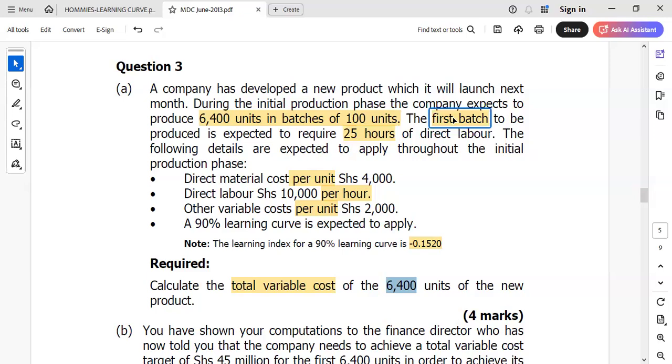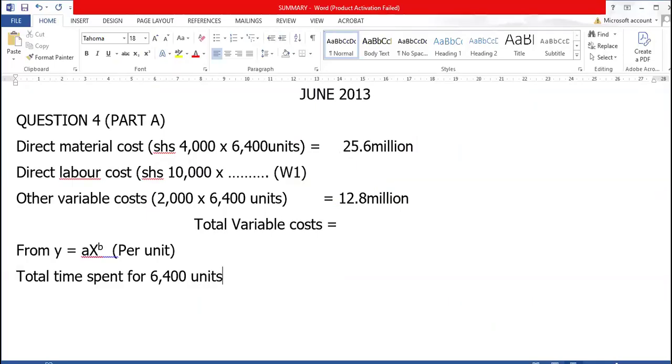So here you're dealing with batch, not units. So I can say the total time for 6,400 units, or another person can say the total time for how many batches?